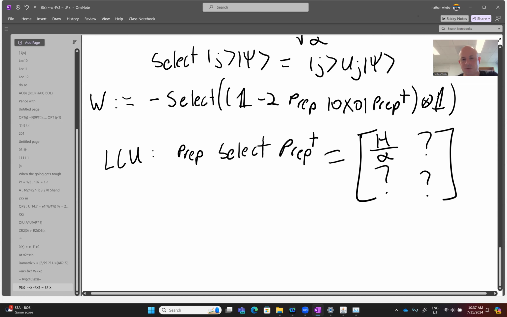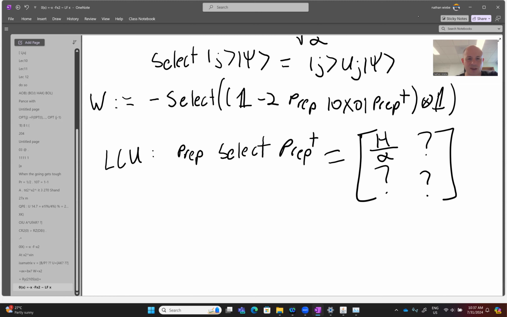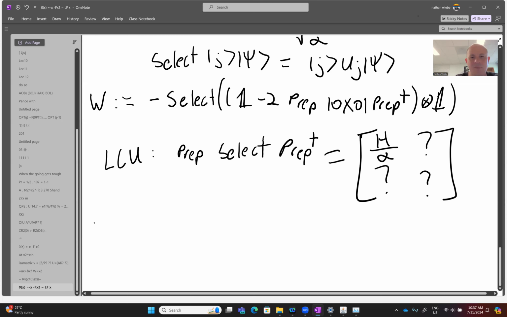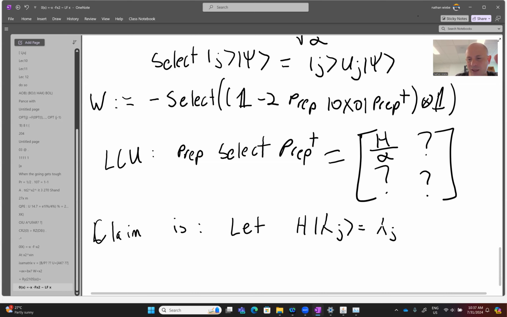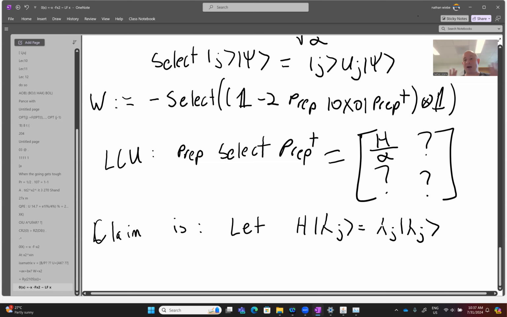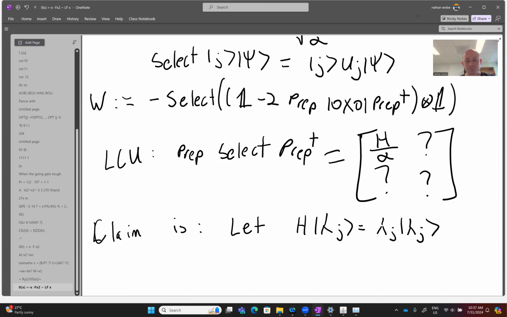W is a slightly permuted version of this with a reflection instead of just prep sandwiching about it. And W will end up having the following action. So first off, the claim: let H acting on lambda j equals lambda j, i.e. let lambda j now be an eigenvector of the Hamiltonian matrix that we would like to simulate.